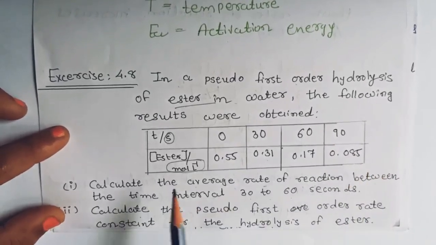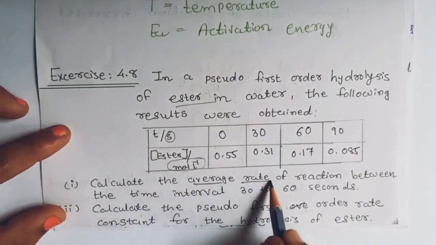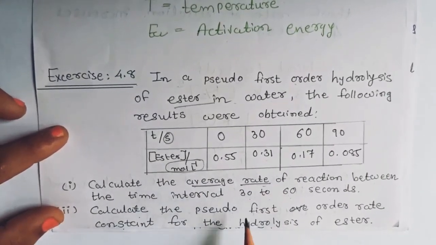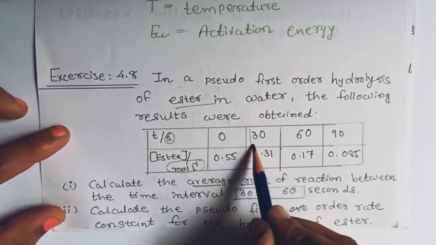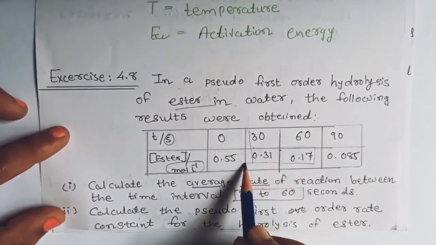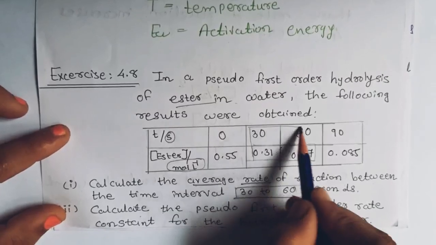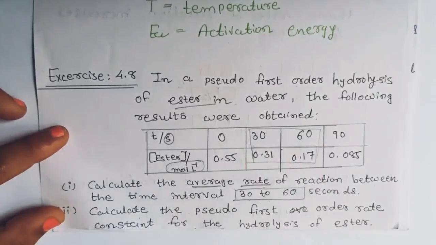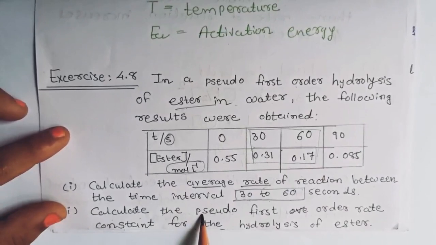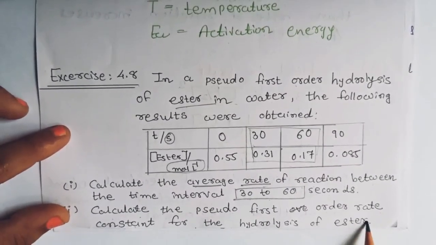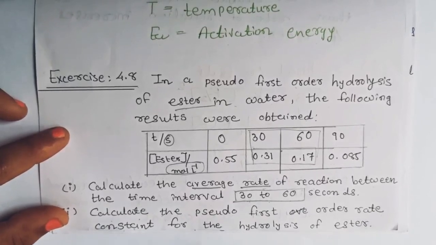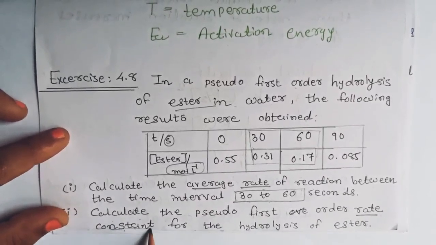Now we have to calculate the average rate for the time interval 30 to 60, taking this time and this concentration. Then calculate the pseudo first order rate constant for the hydrolysis of ester.